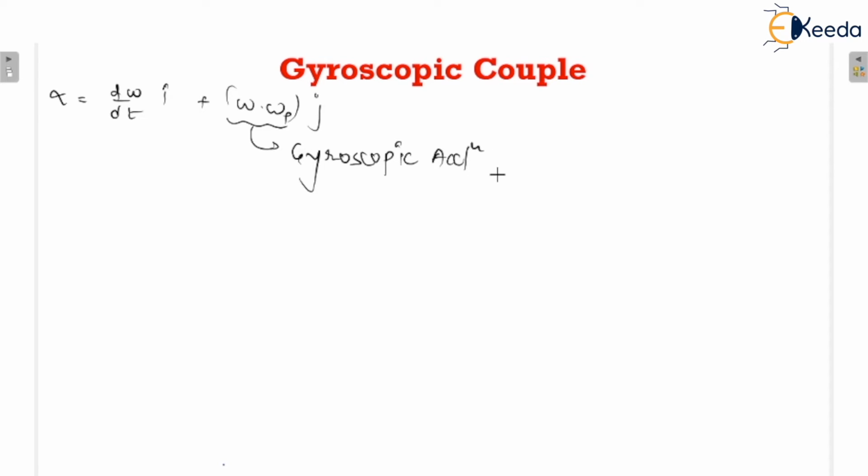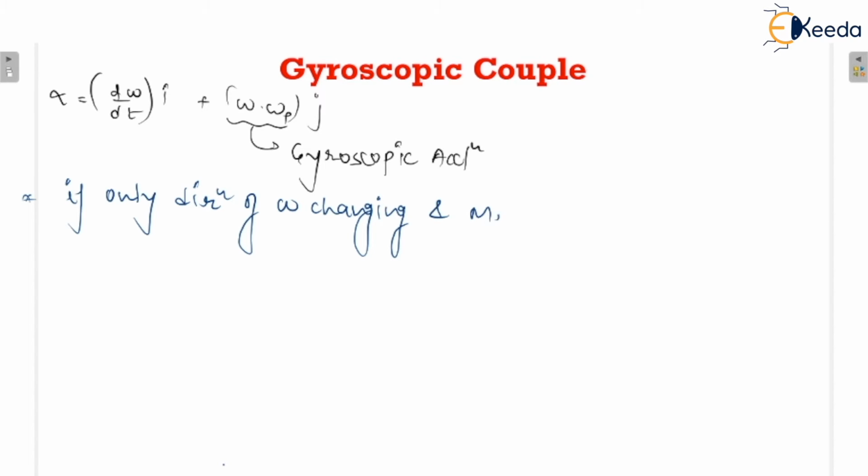Okay, so if only the direction of omega is changing and the magnitude is not changing, that means d omega by dt will be equal to 0, because this is responsible for the magnitude and the other term is responsible for the direction. We all know that.